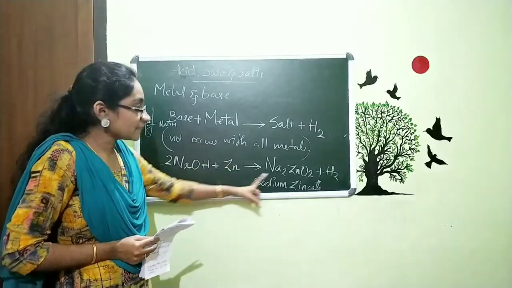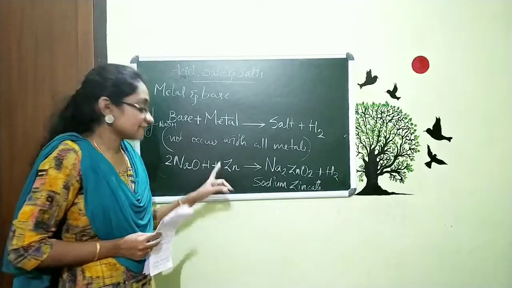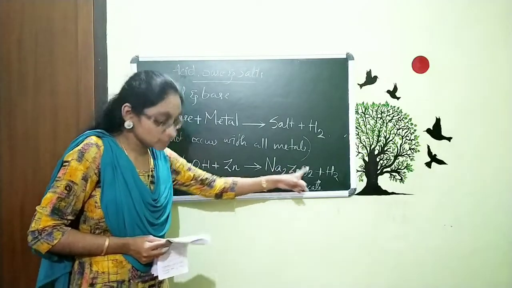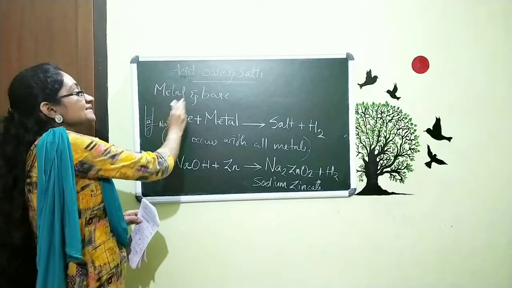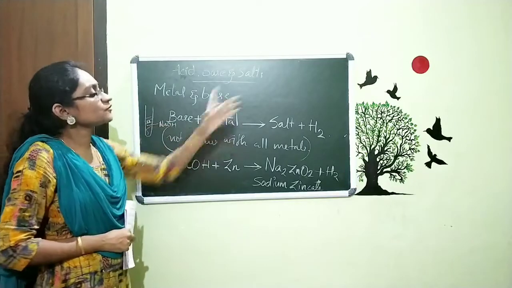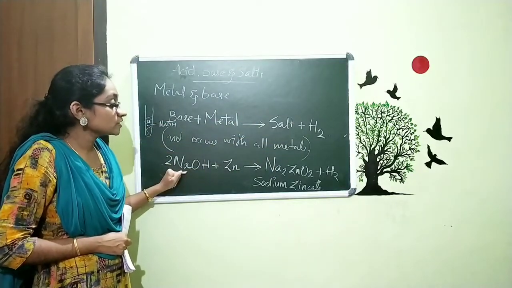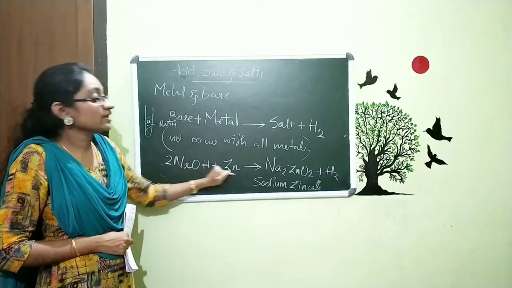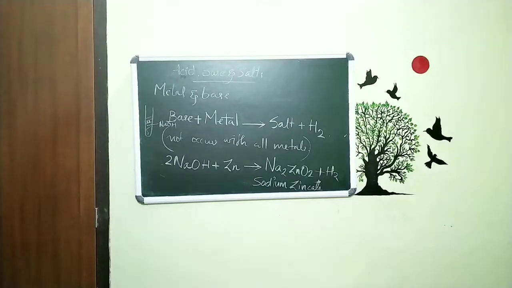So you want to remember the name and the chemical formula of sodium zincate, that is Na2ZnO2. This is all about the reaction of metal and base. Just remember, some metals form salt and hydrogen, and we want to study the equation of sodium hydroxide and zinc. Now we are moving to the next topic.